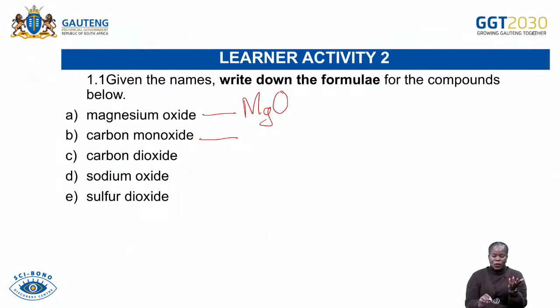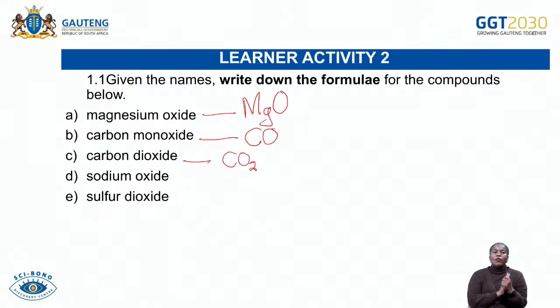In this case we've got mono, so it's just going to be carbon chemically bonded to one oxygen. However, when you look at carbon dioxide, that means there are two atoms of oxygen chemically bonded to carbon. So this is going to be CO2.